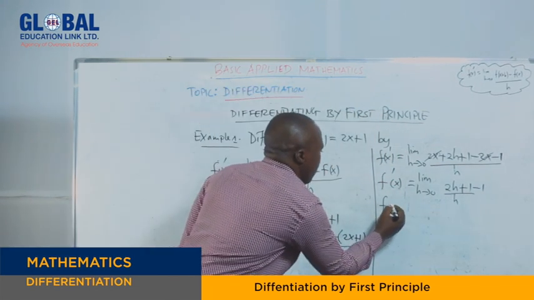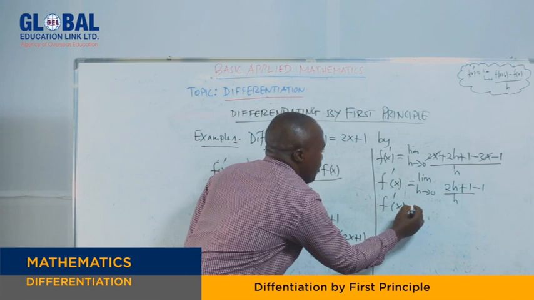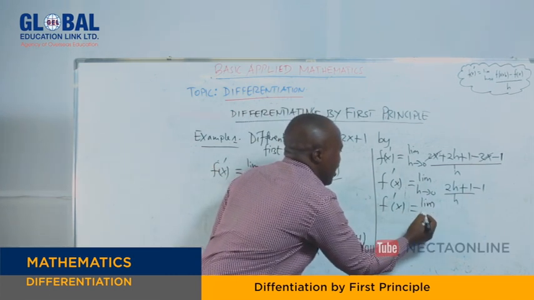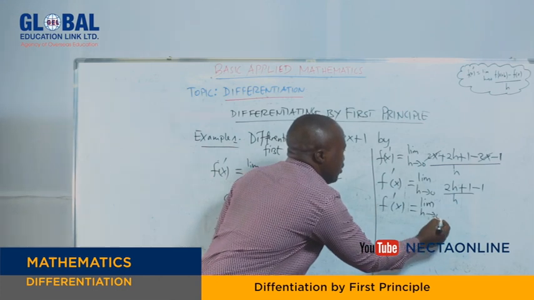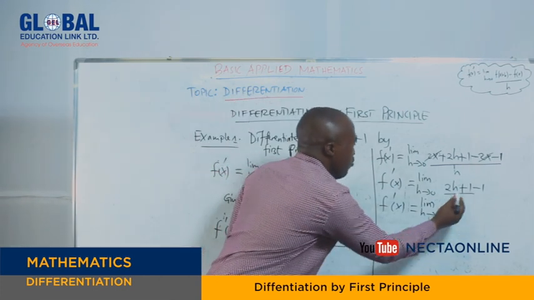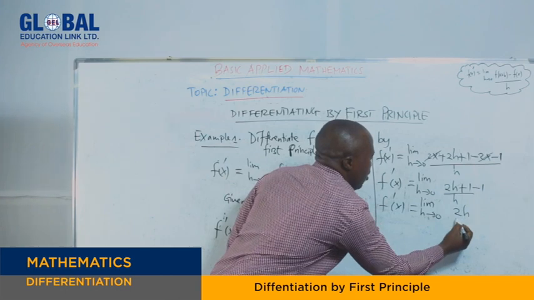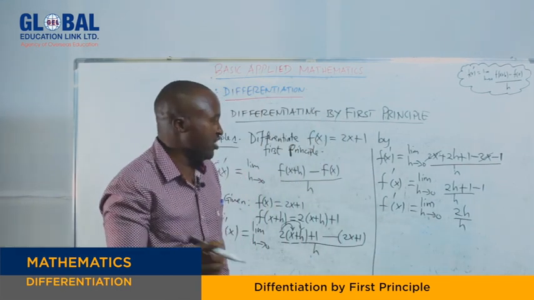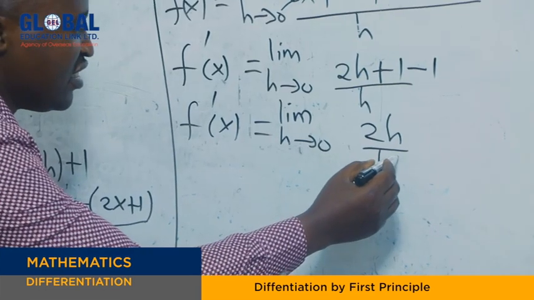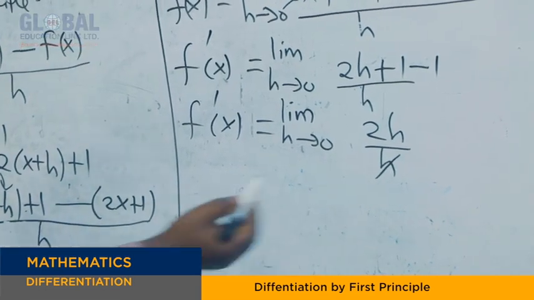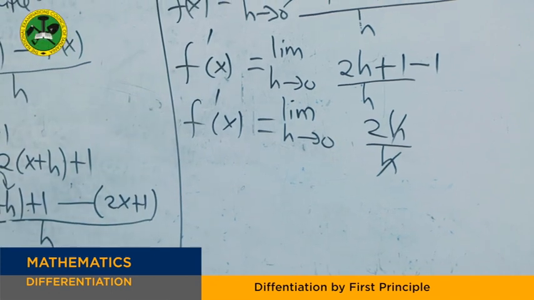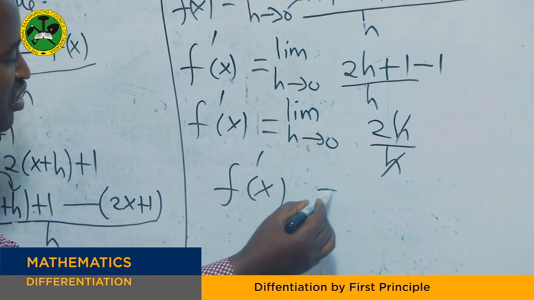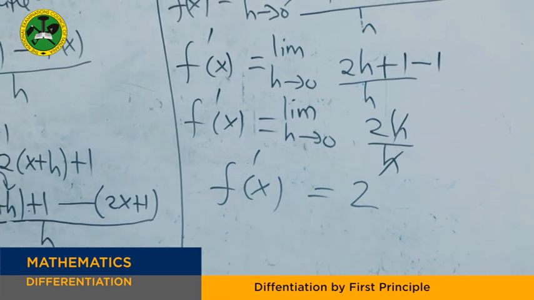Therefore, f dash of x will be equal to the limit as h approaches 0 of 2h over h. Now we can simplify: h over h is 1. Therefore, f dash of x will be equal to 2.